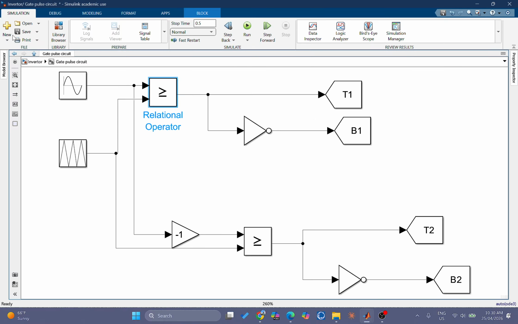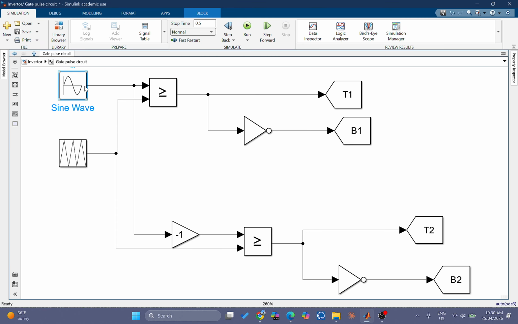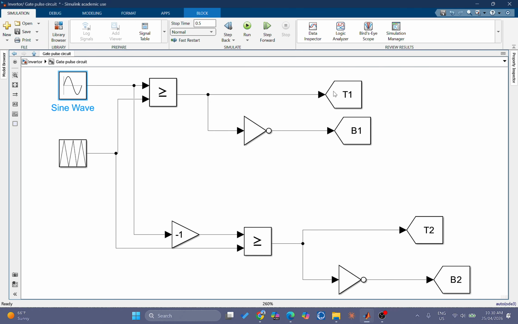Now moving to the pulse width modulation, we have a sine wave, and this sine wave reference is compared with the triangular carrier. For leg A, the sine wave is used directly, and for leg B, the sine wave is inverted.